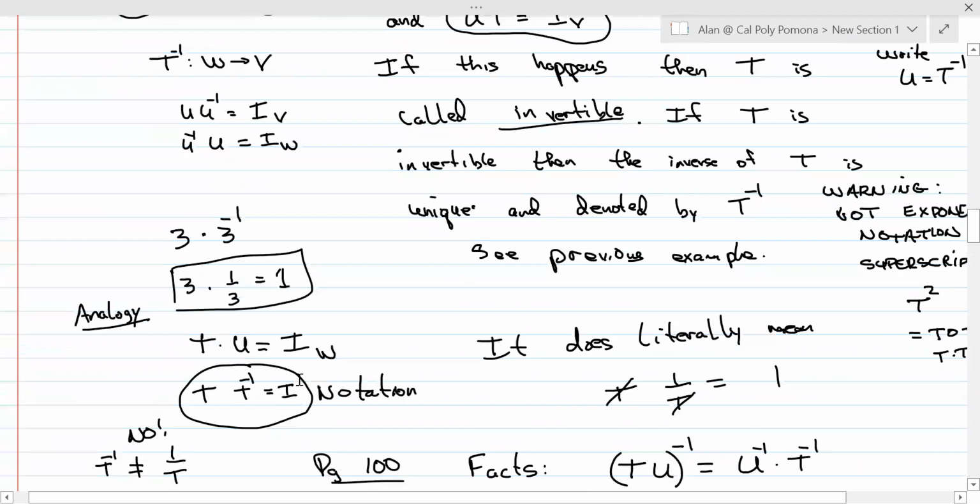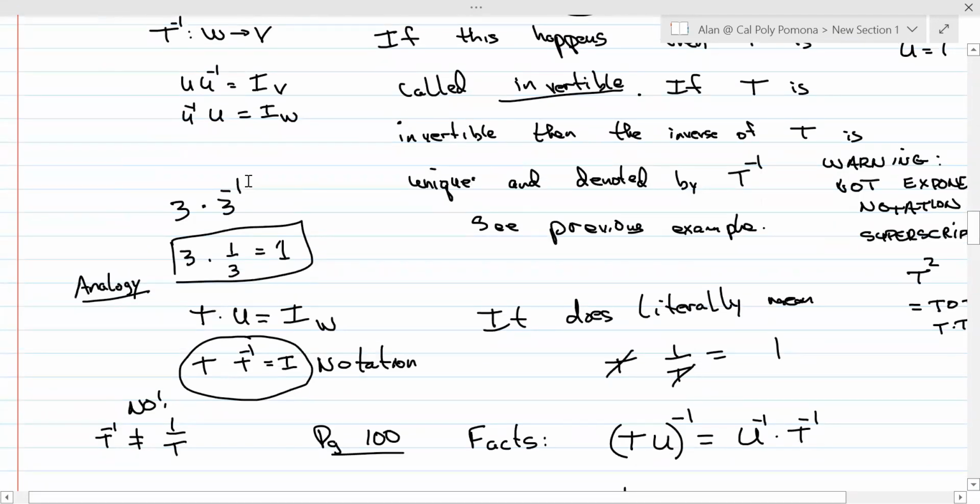So it certainly doesn't mean what it used to mean in numbers, where if you raise 3 to the negative first, you just get a third. Here, if you multiply a transformation times its inverse, that's how we refer to this, you'll get the identity. But again, this is mostly just notation, which means it's not a meaningful exponent.